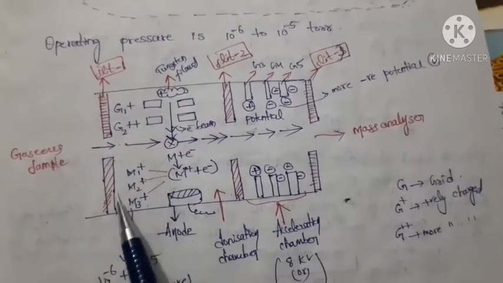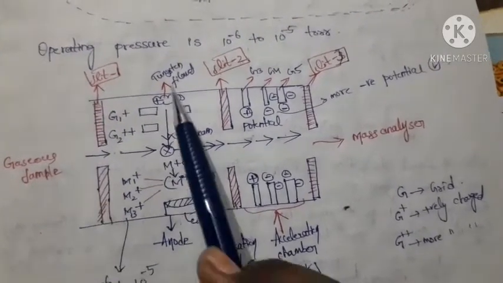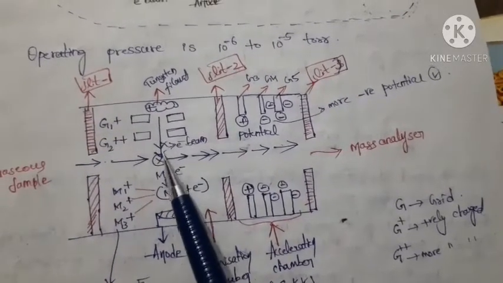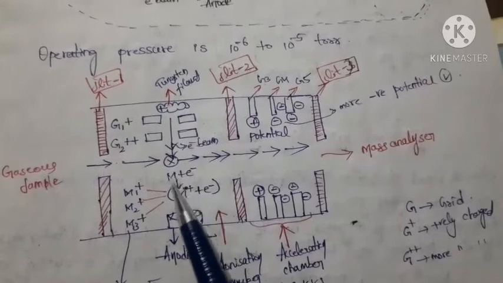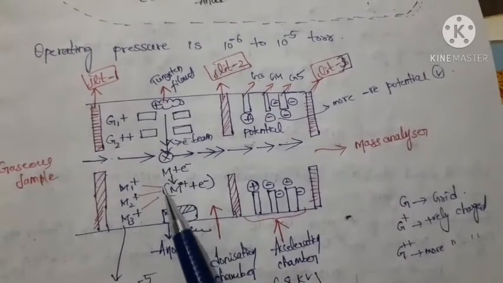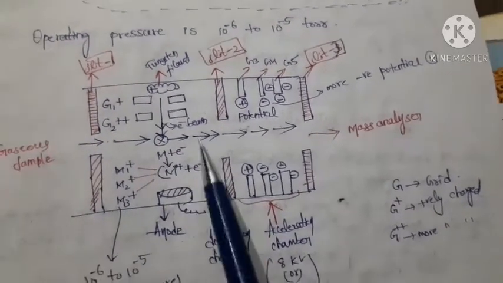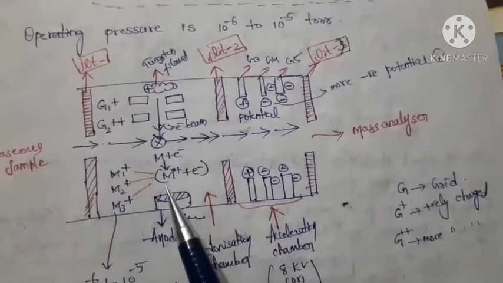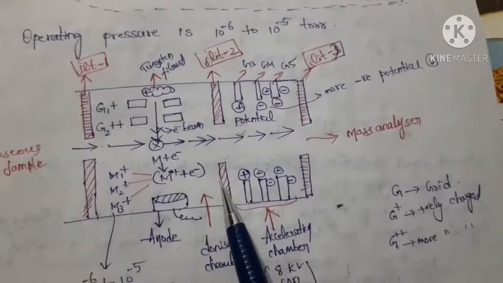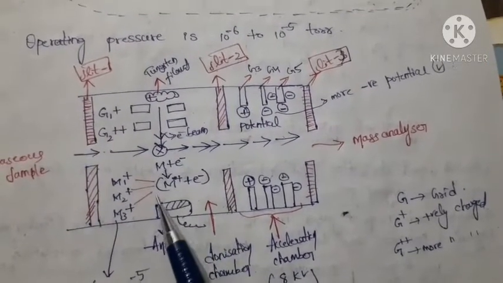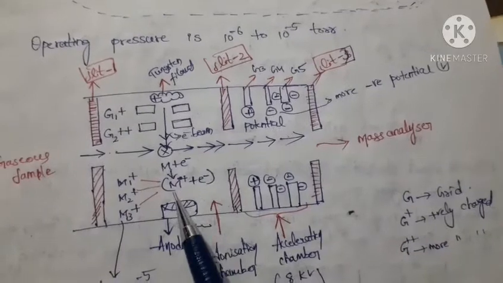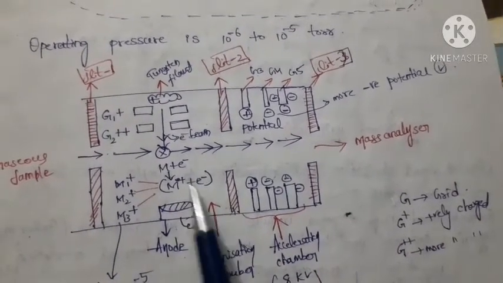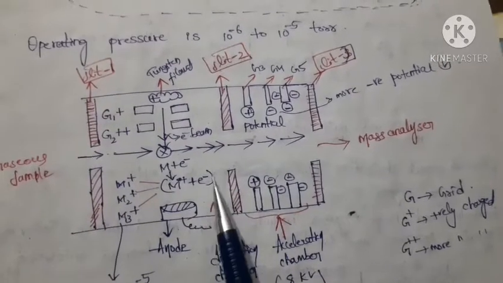We know that the tungsten filament is present, so from this the beam of electrons will get bombarded on this particular sample. Already we discussed all the phenomena. Whenever the beam of electrons bombards this, an electron will come out. Of course here two electrons will come out: one is the bombarded electron and the second one is from the molecule. So two electrons will eject out.